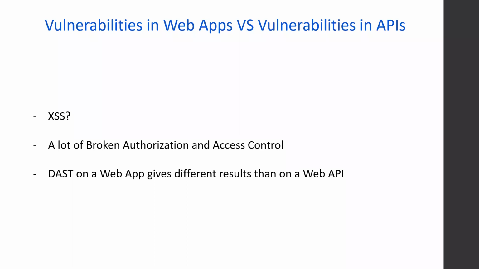In web applications, you simply fire up payloads and get responses, find a pattern, try to see if it is vulnerable, whereas in APIs you have to set up a lot of things, and I believe manually we do it in a very nice way as compared to scanning tools, at least for now.